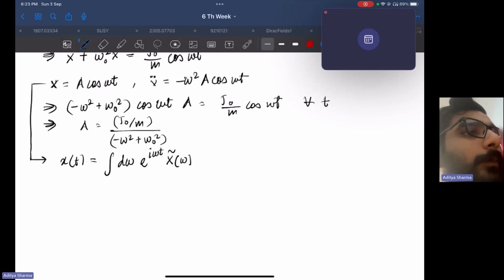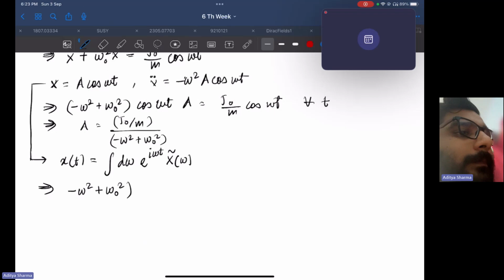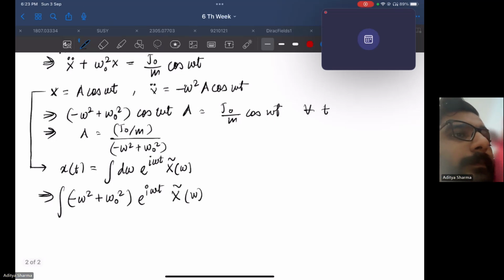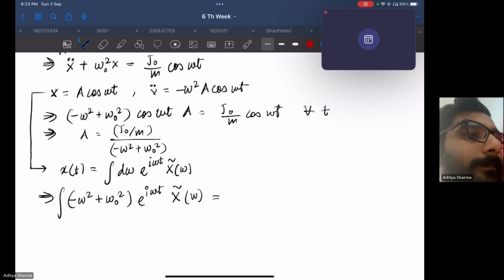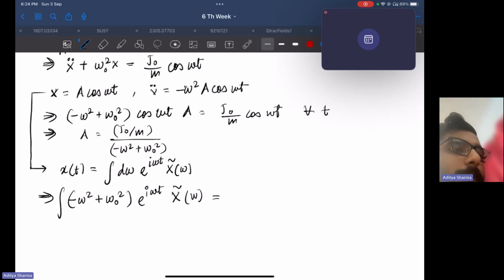If I do this, I'm going to get the same thing, minus omega square plus omega naught square, then integral e to the power i omega t x tilde of omega is equal to J naught by m cos omega t.